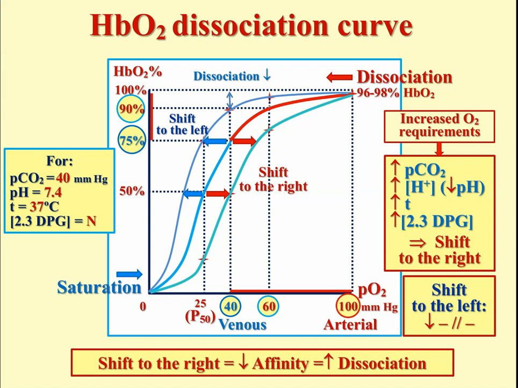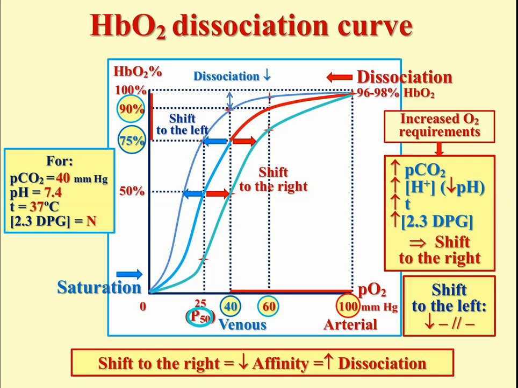Then pay attention to the index P50. For studying purposes, you should know the pair of values 40 to 75% and 60 to 90%. But clinical estimation of the shifts usually is done on the basis of the P50 value. Normally, as you remember, it is 25-27 millimeters of mercury.